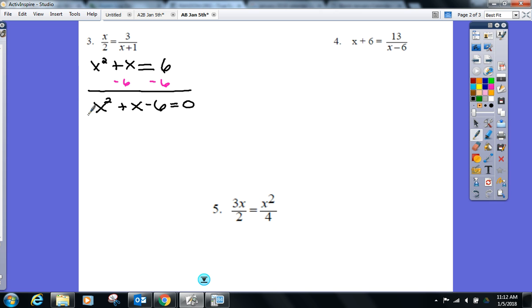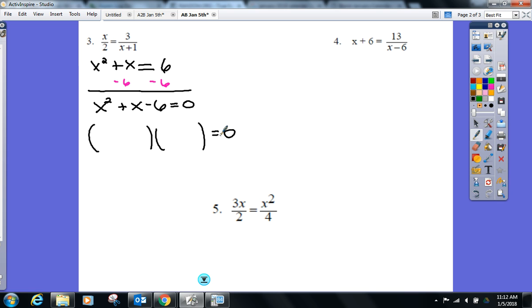There are an a, b, and c value. Yes? What's my a value here? Which is the number in front of the x squared. What is the a value? The number in front of the x squared? 1. So if it's a trinomial where the a value is 1, you play a little game if you remember from last year.